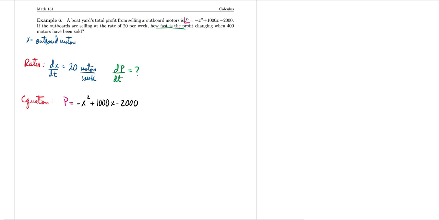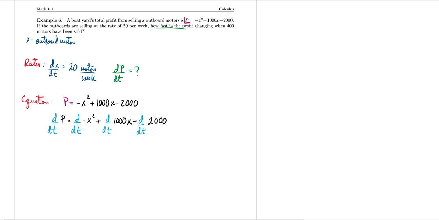Okay, so let's go ahead and take the derivative. Again, it's always with respect to time. So the derivative with respect to time of the profit is equal to the derivative with respect to time of negative x squared, plus the derivative with respect to time of 1,000x, minus the derivative with respect to time of 2,000. What does this give us?